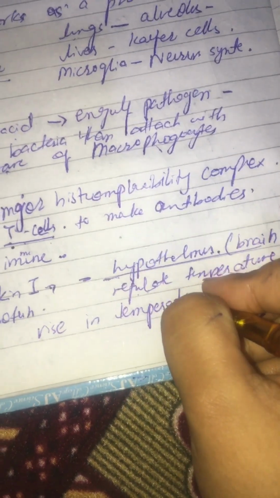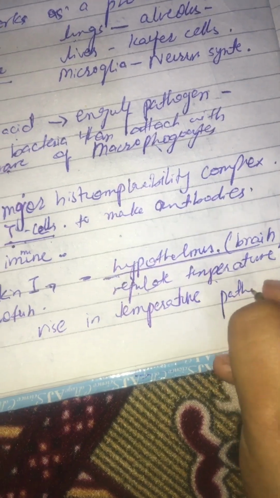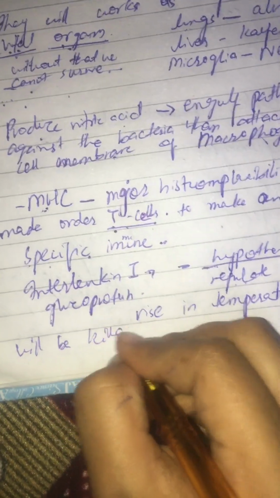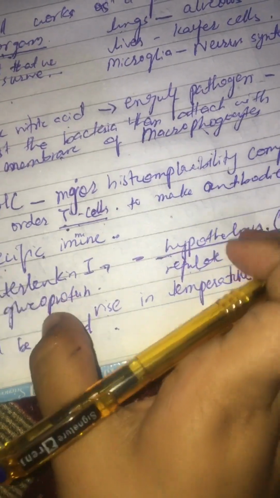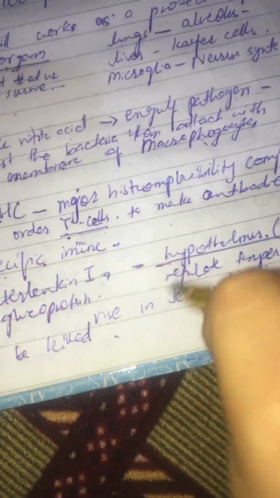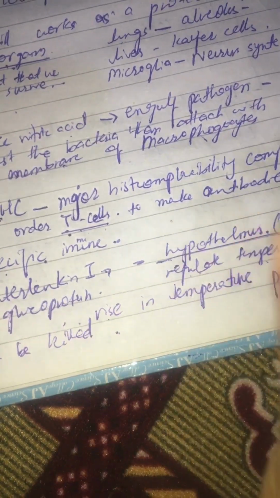After that, the pathogens which are present in the body will be killed. How will they be killed? If the body creates a response, as a result there will be a rise in temperature.